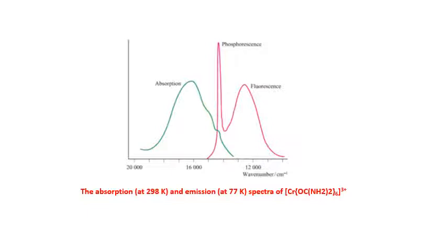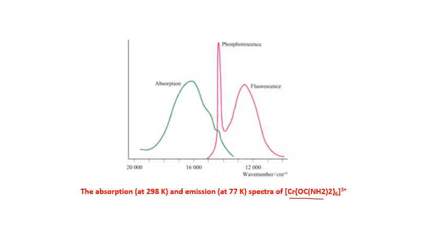From this diagram, this is the absorption and emission spectrum of a chromium complex with a urea ligand. You can see the absorption spectrum shown in the green line, and this is the phosphorescence, sharp-like, and the broad band in the pink color is the fluorescence band.